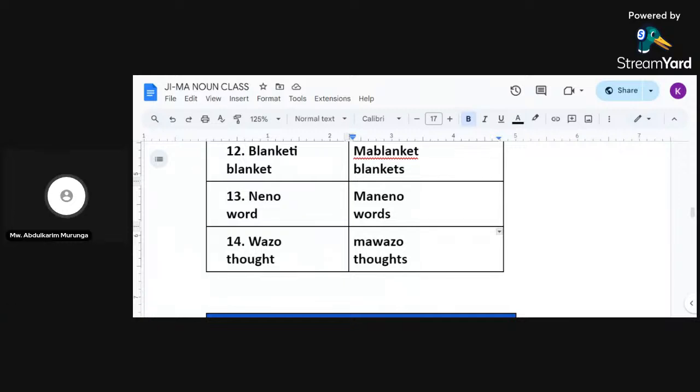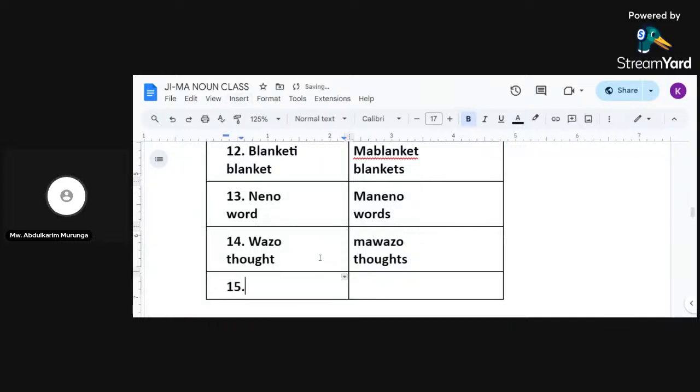We can have one more word from this list, and this word is jukumu, 15. Jukumu means a responsibility.